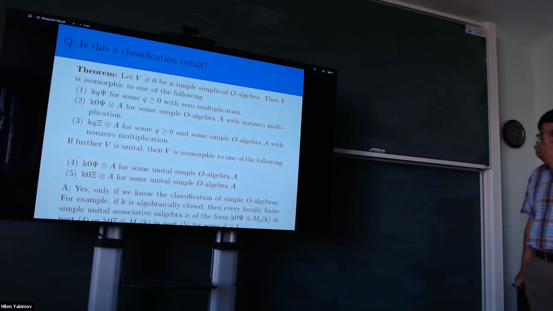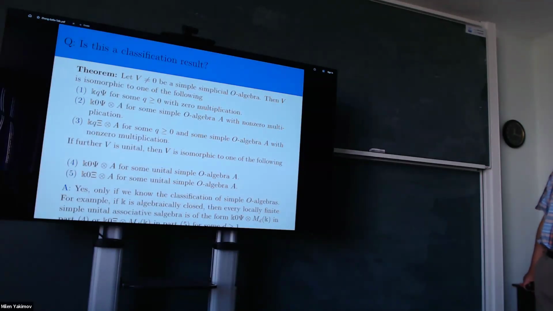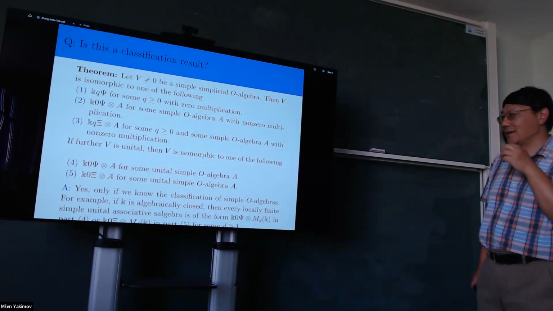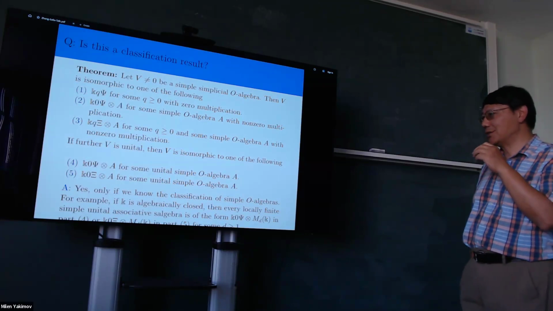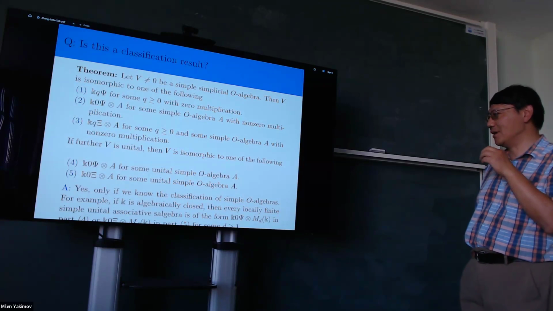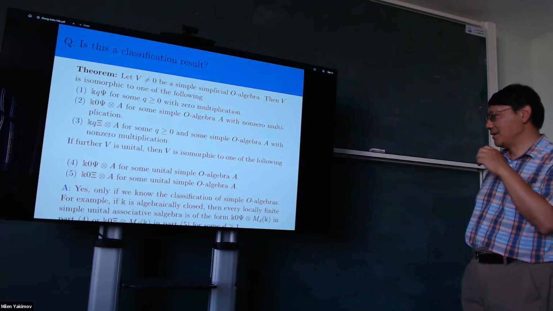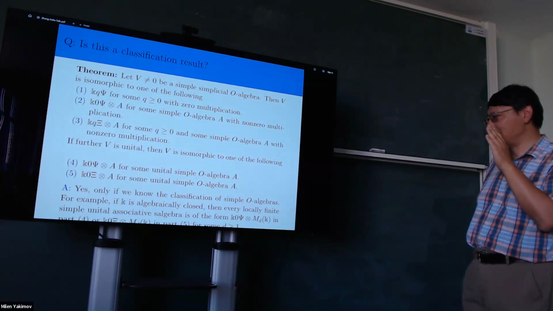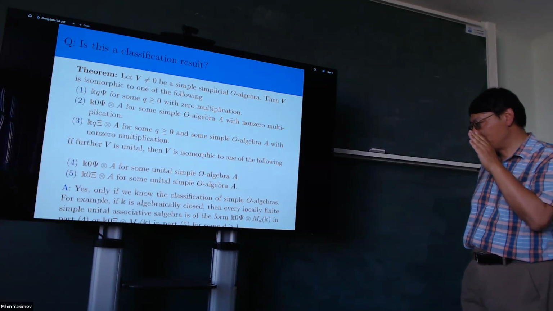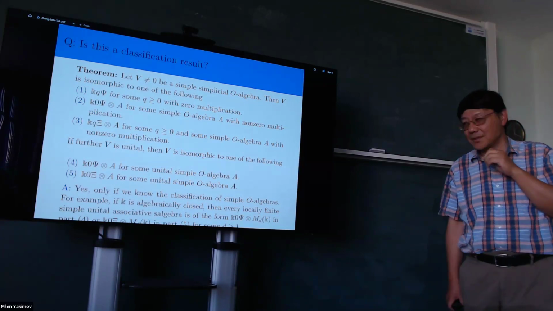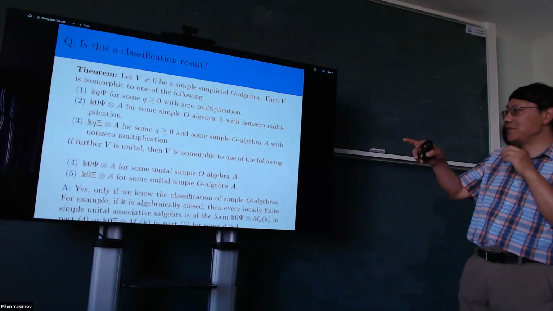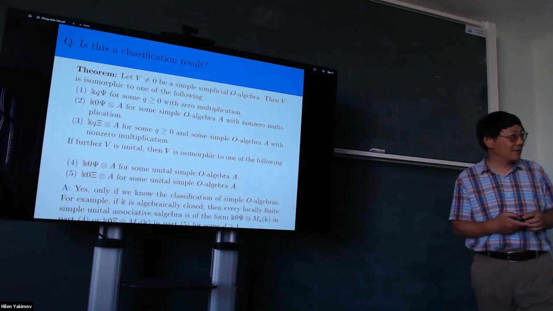If we consider the associative case, if O is the associative operad and K is algebraically closed, then every locally simple unital associative S algebra will be of the form K0 psi tensor matrix algebra or K0 phi tensor matrix algebra. The last line just copies 4 and 5.